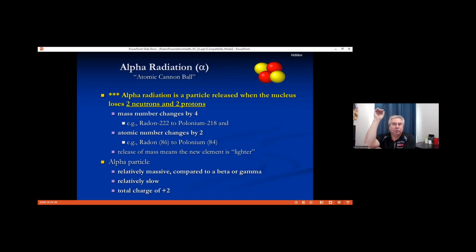And each proton and each neutron has an atomic mass of 1. So in this case here, we're losing 4 every time we lose an alpha particle. And because the radon atom, which had 86 protons, loses that alpha particle, which contains 2 protons, it changes to polonium, which now has 84 protons in its nucleus.